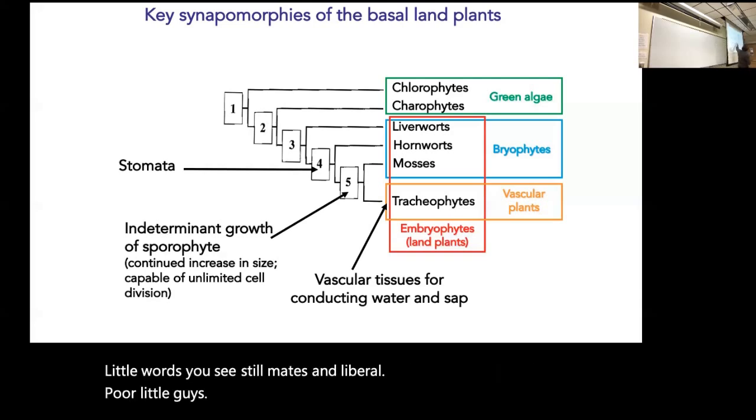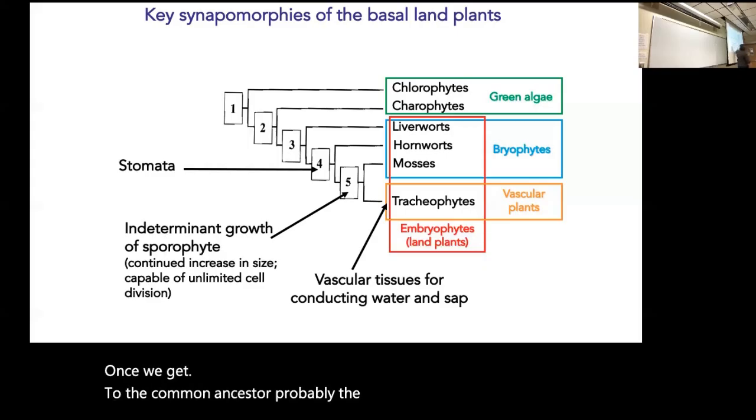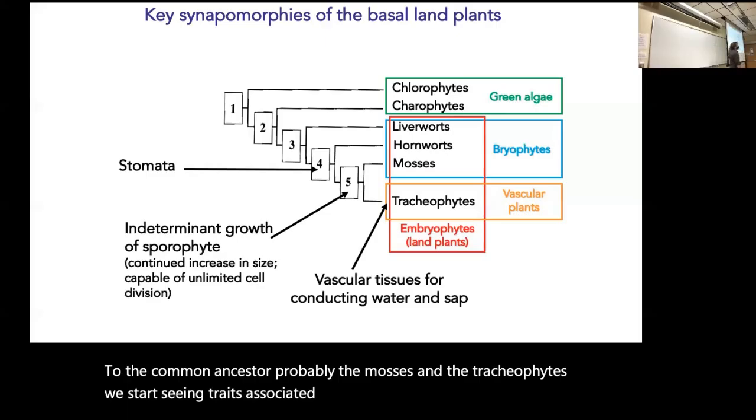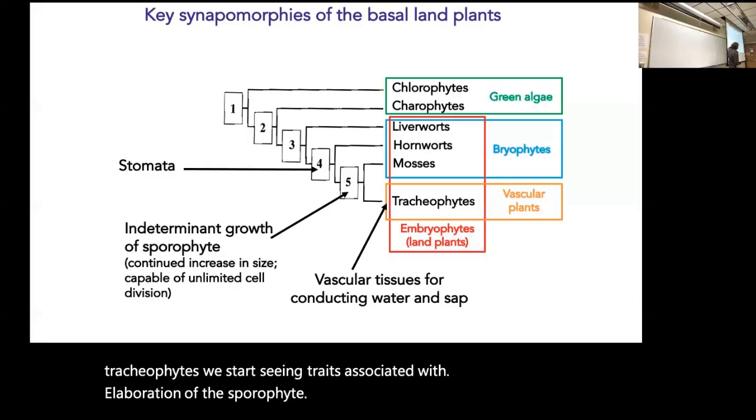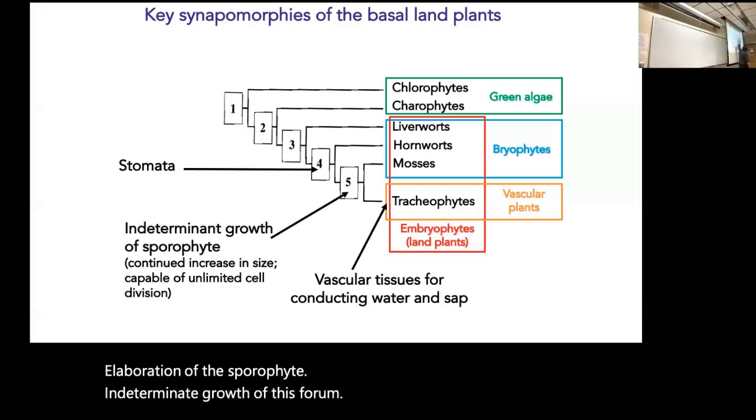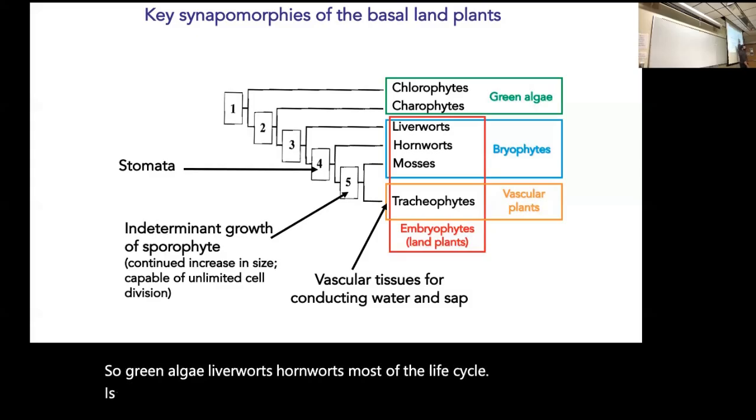Once we get to the common ancestor, probably of the mosses and the tracheophytes, we start seeing traits associated with elaboration of the sporophyte, indeterminate growth of the sporophyte. So, liverworts, hornworts, most of the life cycle is in the gametophyte.